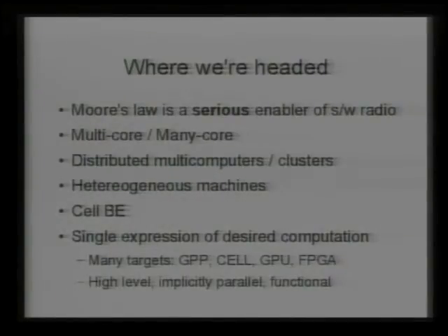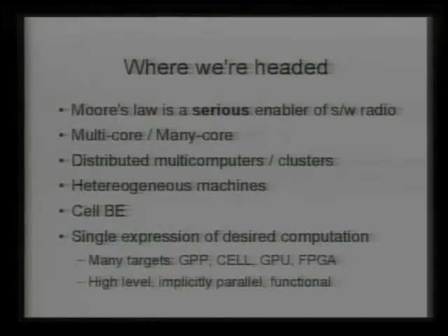Other thing is you've got your clusters or multi-computers, and also we've got these heterogeneous machines arising. The current one that's popular is the Cell broadband engine, which has a PowerPC core on it and then 8 of these synergistic processing units, which are basically SIMD.